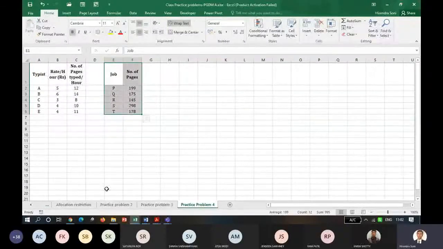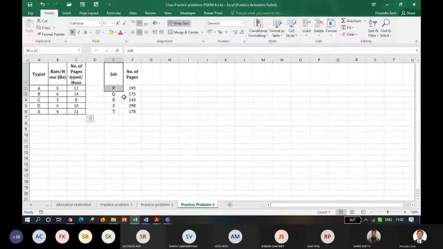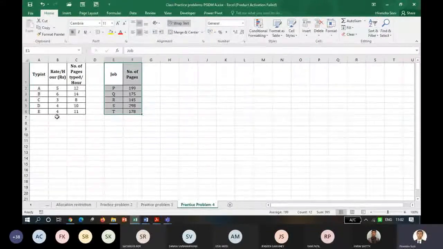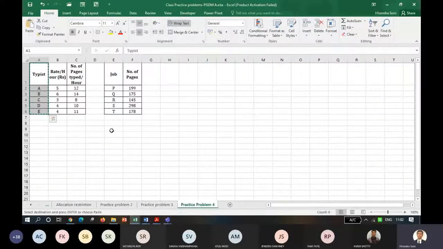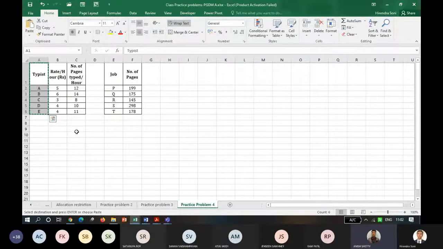This is the information that we have. Correct? आपका ये क्या होगा? रो और कॉलम. Typists. So they come in column, na, typist.